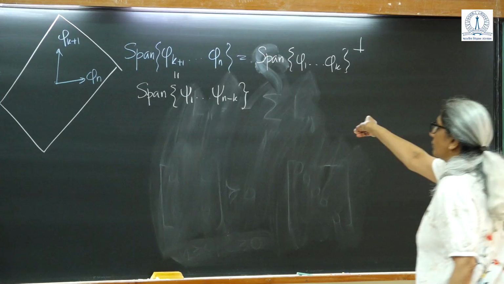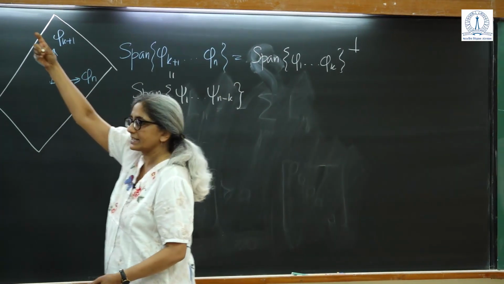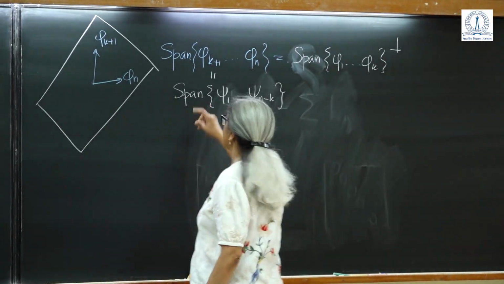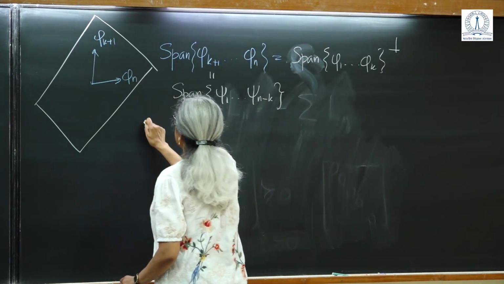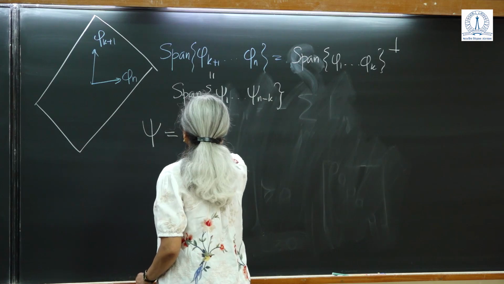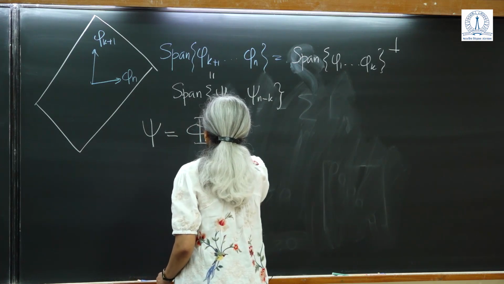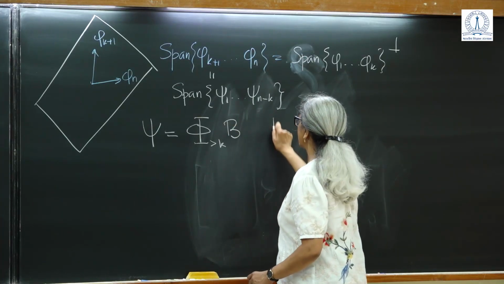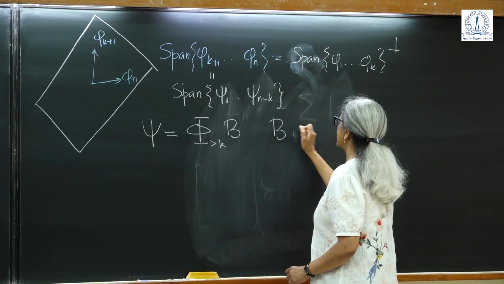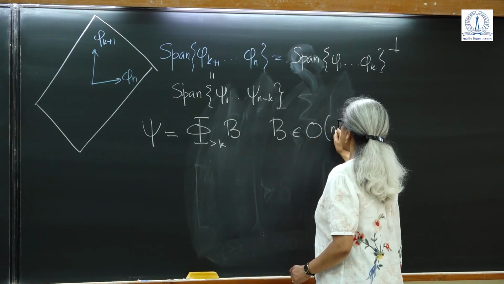This will guarantee that they're orthogonal to the first k eigenvectors. So the key property is that psi is really, you take the eigenvectors that you did not freeze and then multiply with an orthogonal matrix. So this is in O n minus k.